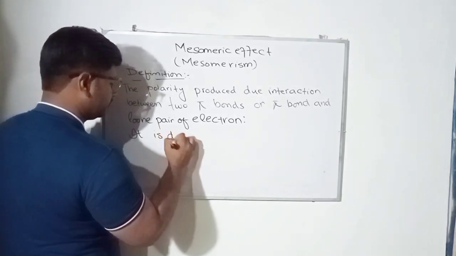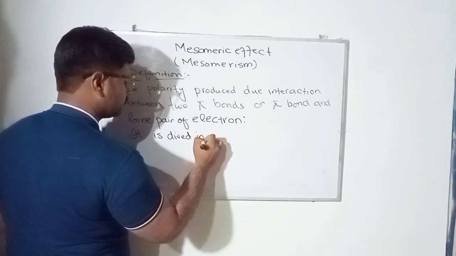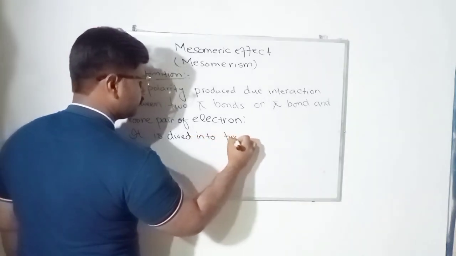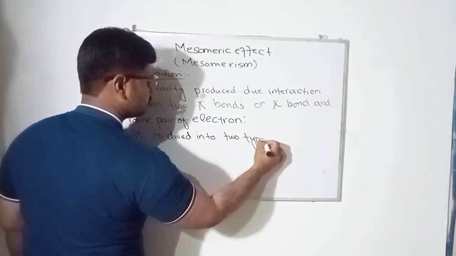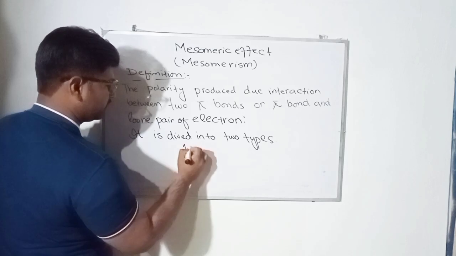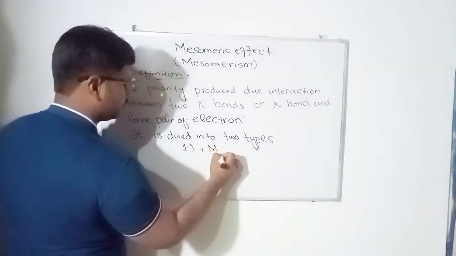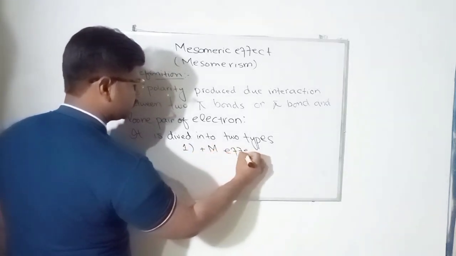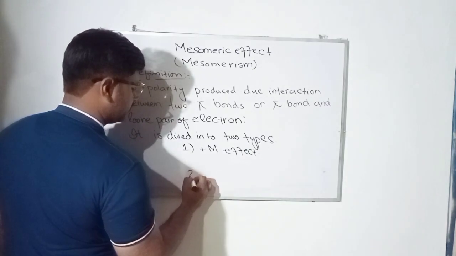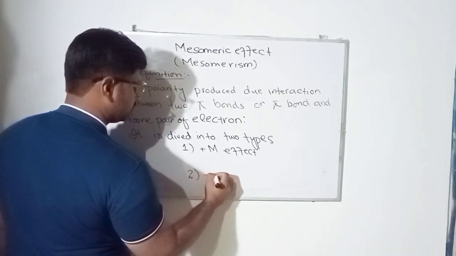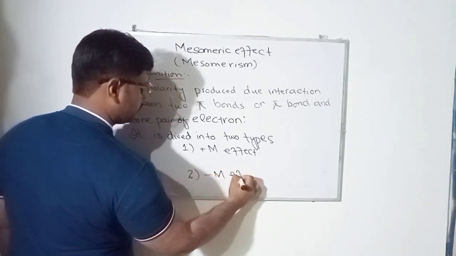It is divided into two types. Type number 1 is plus M effect and type number 2 is negative M effect.